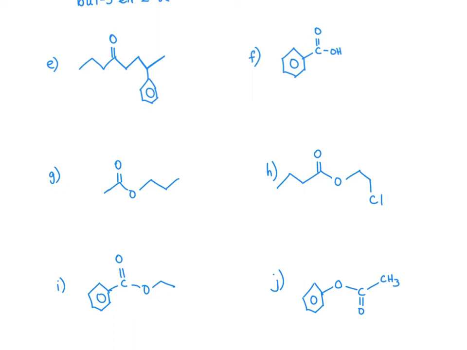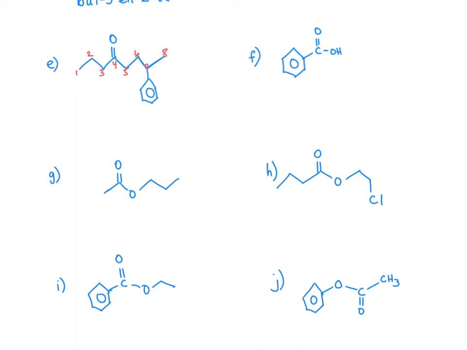Now we check example E, and we see that carbonyl group on an inside carbon, so this is a ketone, right? And then we also see that benzene ring there. So check your priority. You'll find that the carbonyl group is higher in priority than the benzene ring, and so the benzene ring will be named as a phenyl, and we want to give that C double bond O the lowest possible number. So it's closer to the left end of the chain.